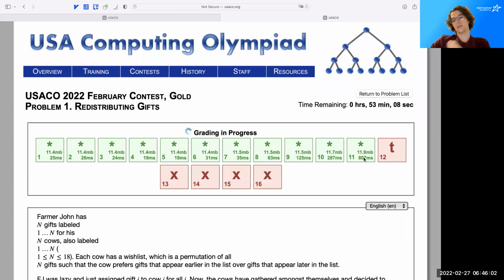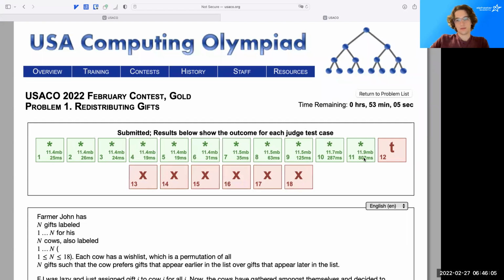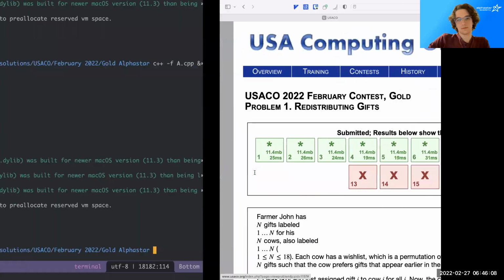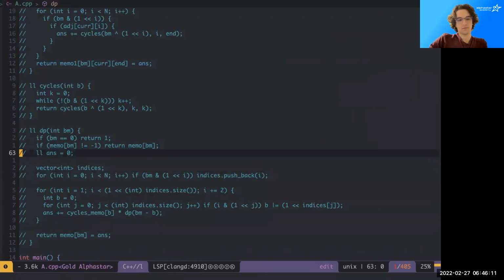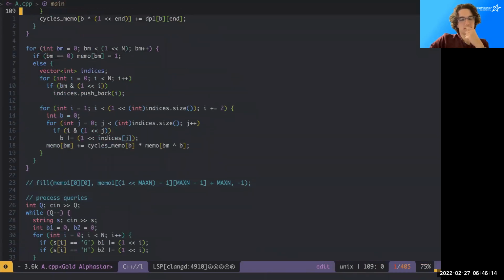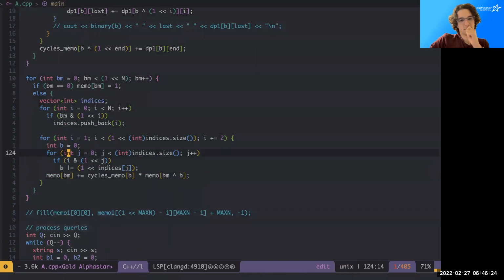It used to be 900 milliseconds. But I don't. So somehow, like this is probably where what's gonna run in time.